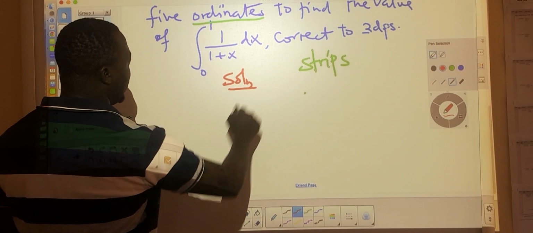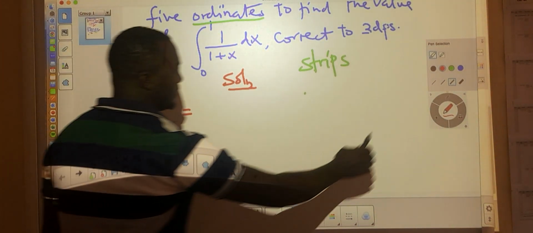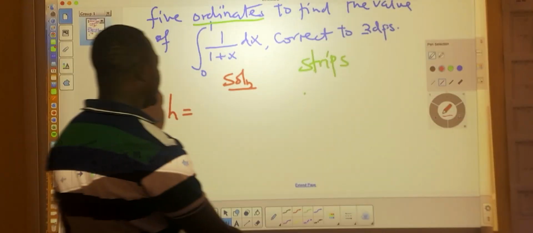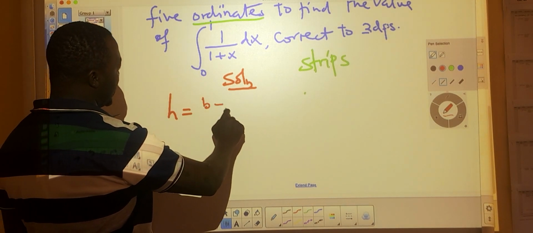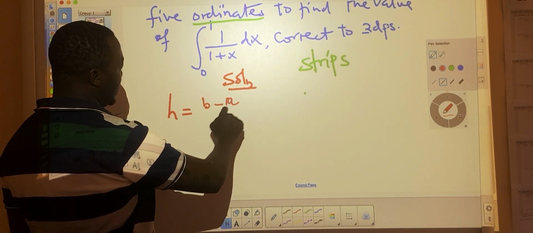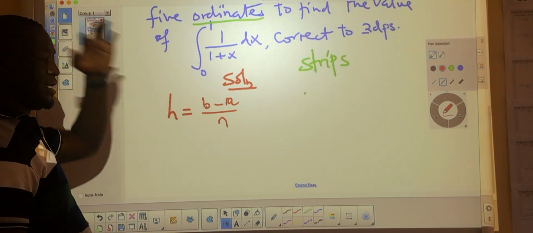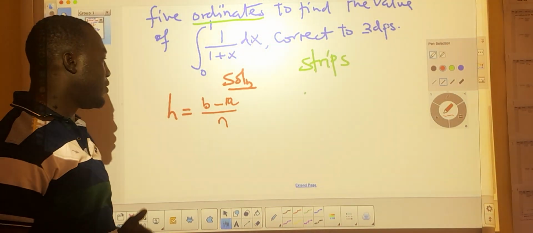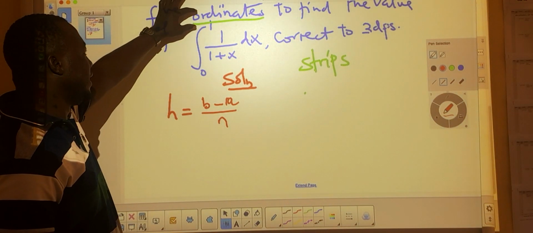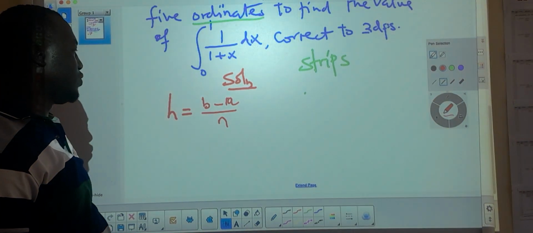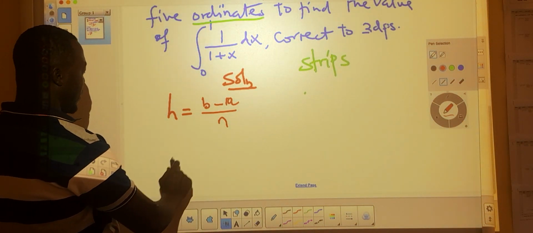We first need to get the width h of the strips that we have formed using the trapezium rule, and the formula is the upper limit minus the lower limit of the integral divided by the number of strips. So this n is the number of strips, not the number of ordinates. If the question gives you the number of ordinates, we need to subtract 1 to get the number of strips. So this is the layout of our work.